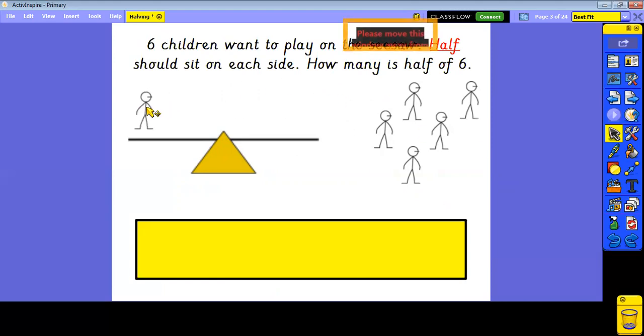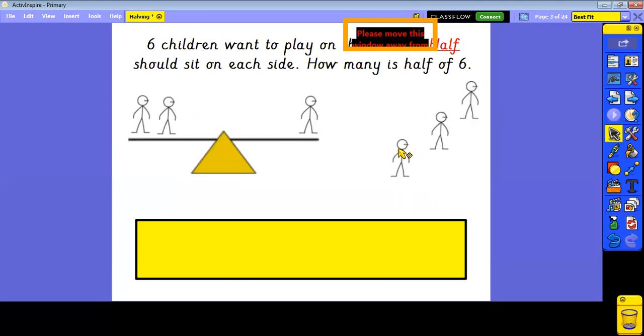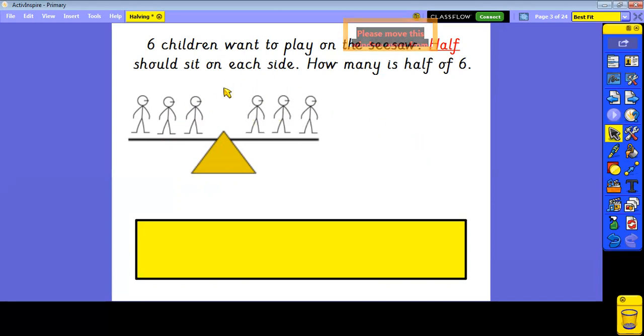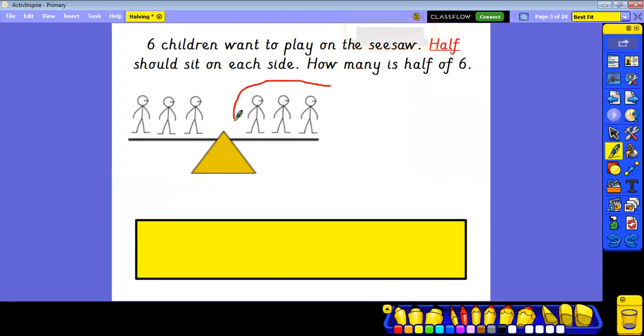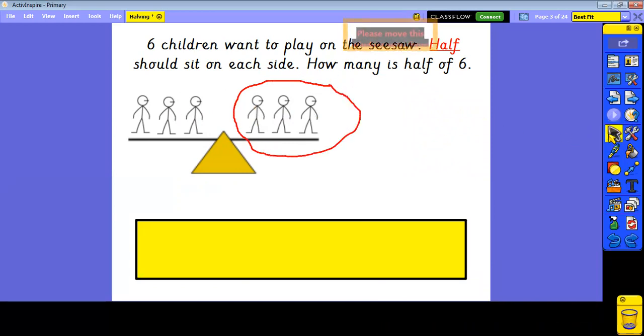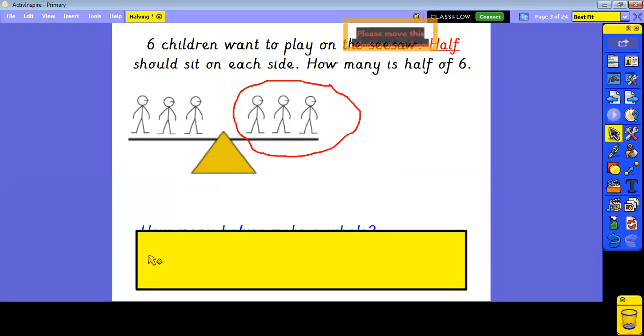So we'll have one child on this side, one child on this side, and so on until all six are shared. There we go. So I have halved then. Half should sit on each side. How many is half of 6? Well, on one side we have half. That's right, we've got 3.